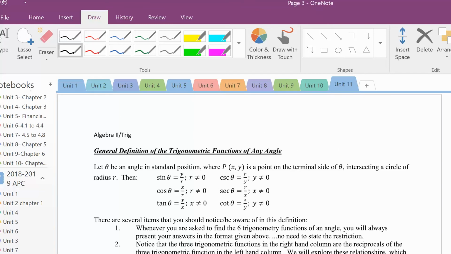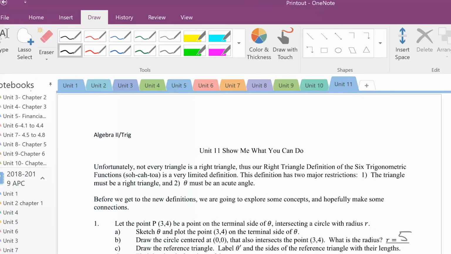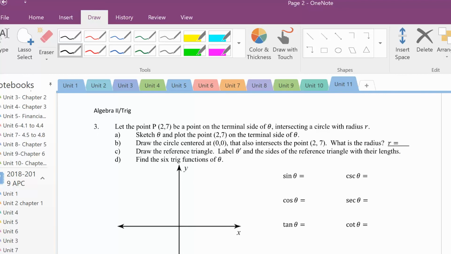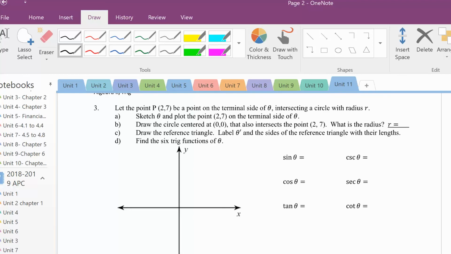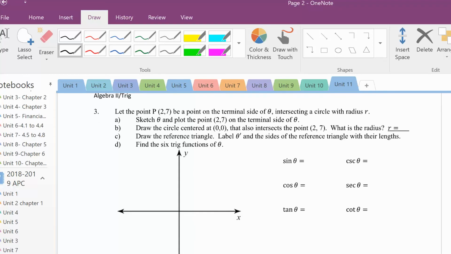So now, sorry, gotta do page 2. Page 2 has the same concept. It says let the point P (2, 7) be on the terminal side of theta. So (2, 7) would be like up here.